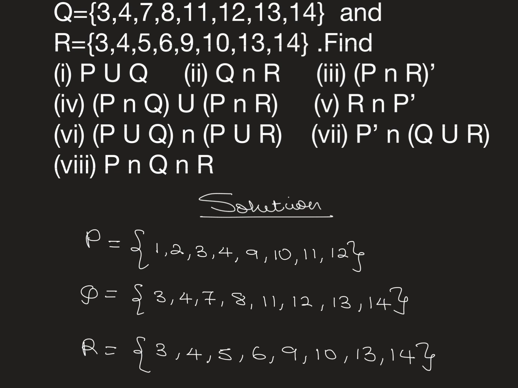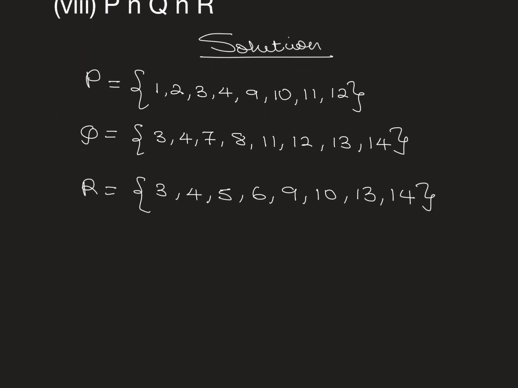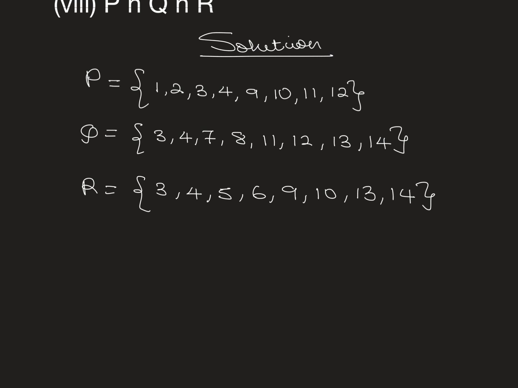So one thing you have to understand first is that by looking at the sets that are given to you, you should be able to know how the sets are going to look when you draw a Venn diagram.